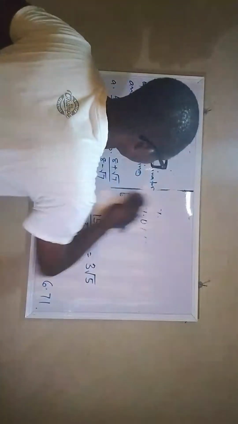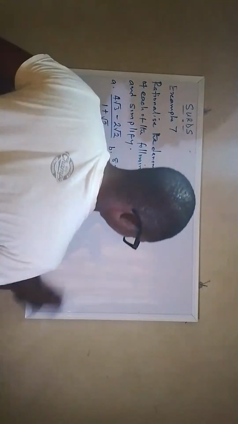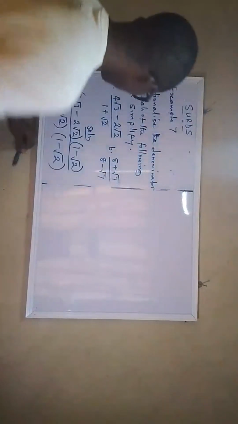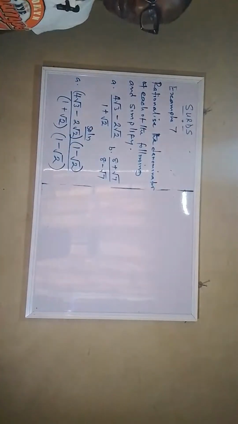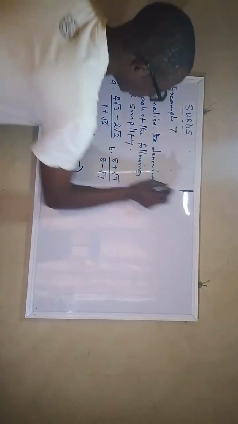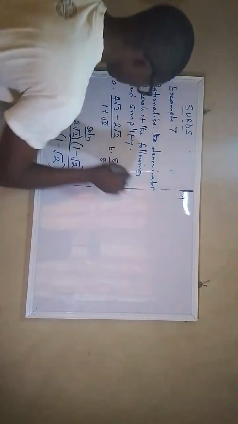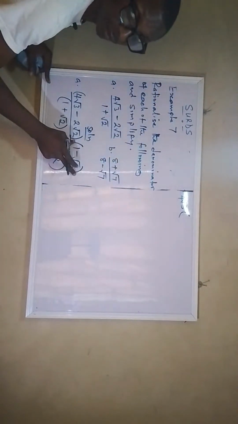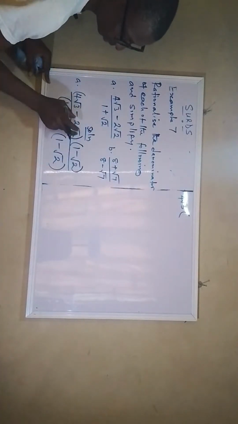So now let us see. So what do we have? Okay, so now we expand the numerator. Let's expand. So we have 4 square root of 3 times, put it beside this first one, the second one too.